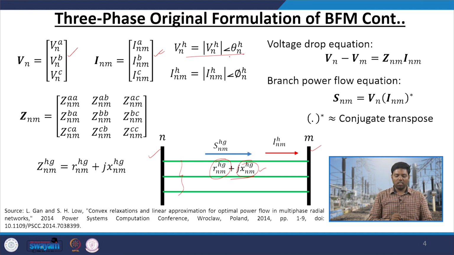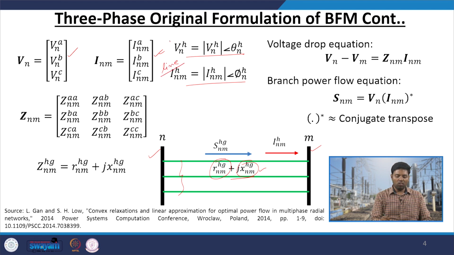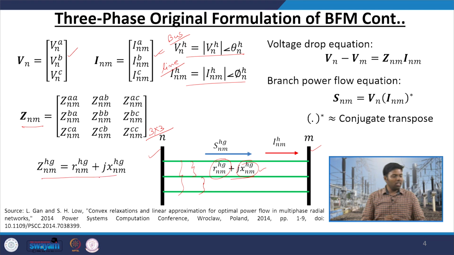Then your voltage is given by Vn angle theta and current is given by Inm angle phi, that is your line current, and this is your bus voltage. Your line impedance is itself again a 3 cross 3 matrix, because you have mutual coupling between the phases, and each and every component of this Z matrix is R plus jX.